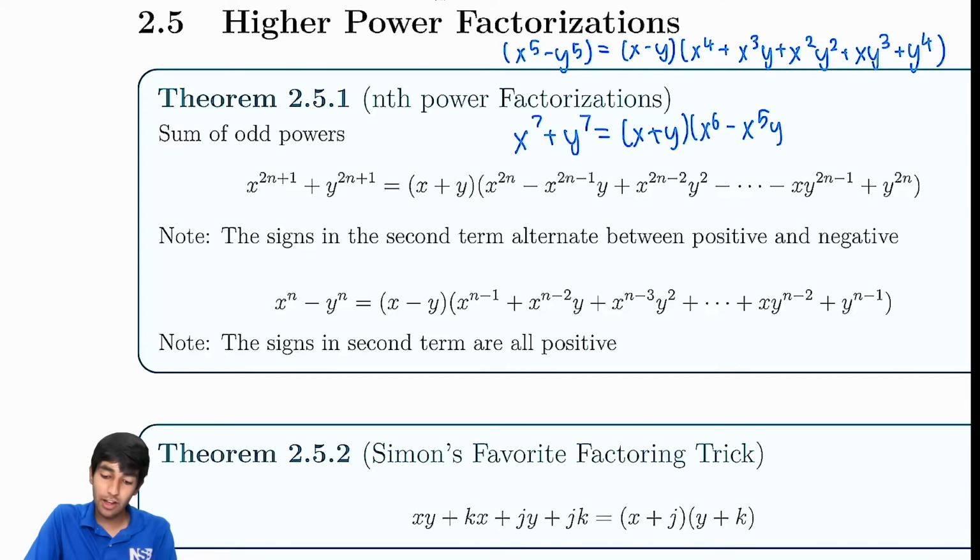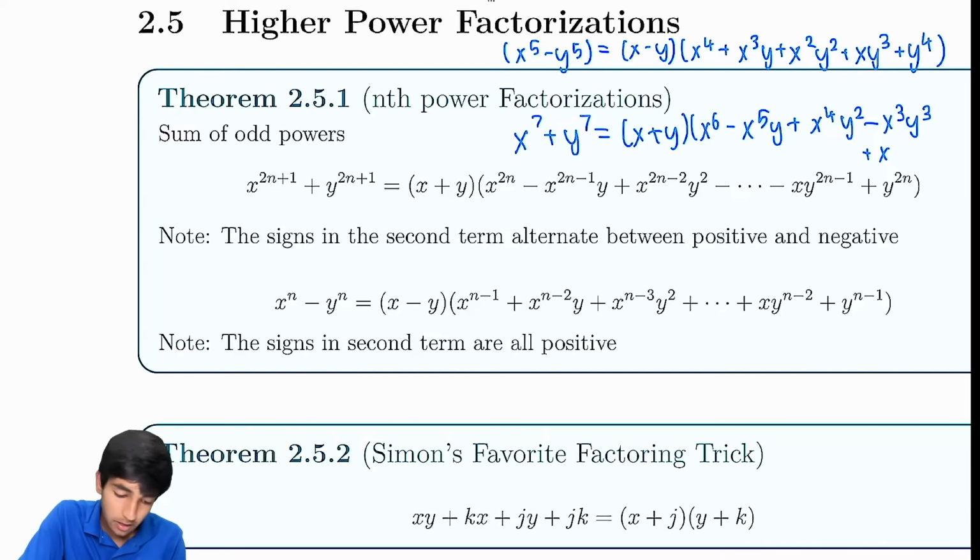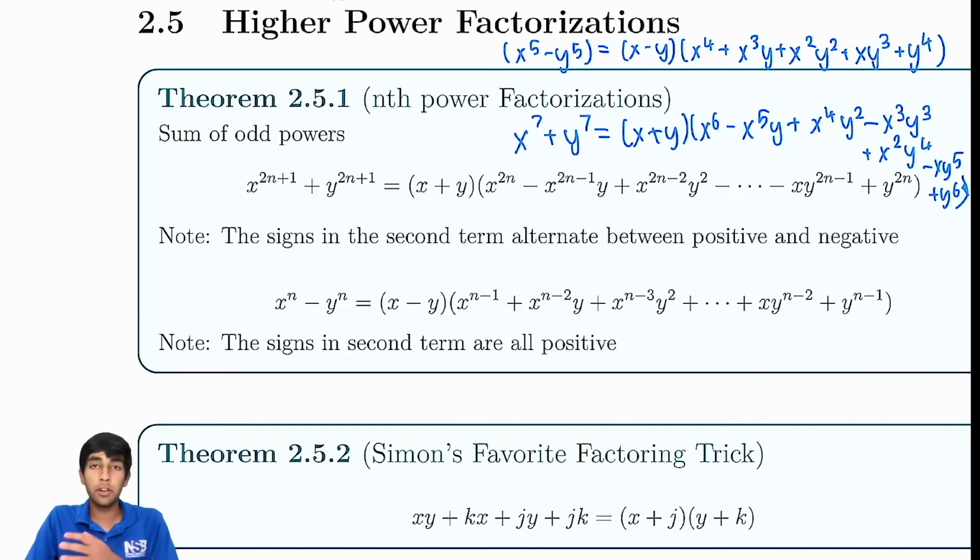And then you just keep alternating signs, and you keep reducing the value of the x exponent and increasing the y exponent, all the way till you get to y to the 6th. And this only works for odd powers. Be very, very, very careful here.